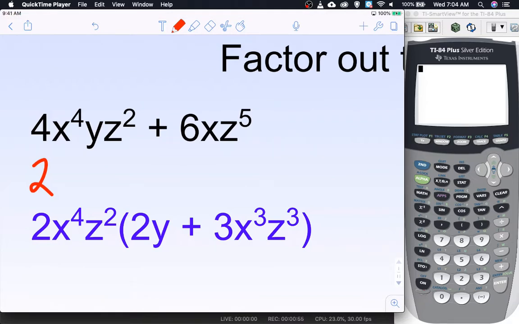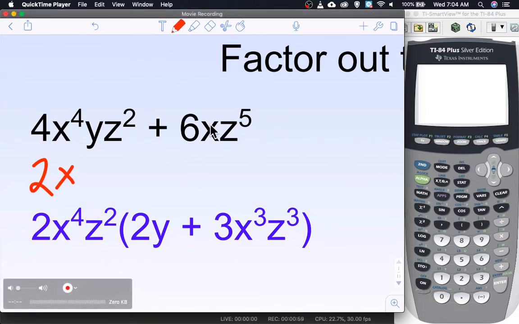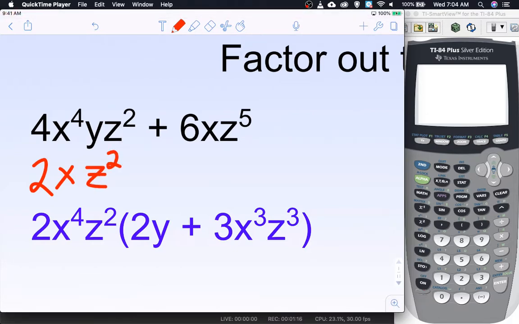The greatest common factor of the x's is actually only 1x. This one does not have 4 x's he can give up. He can only give up 1. Y's. We should not be pulling a y out because this one doesn't have a y to give up. And this one has 2 z's. They both have 2 z's they can give up.